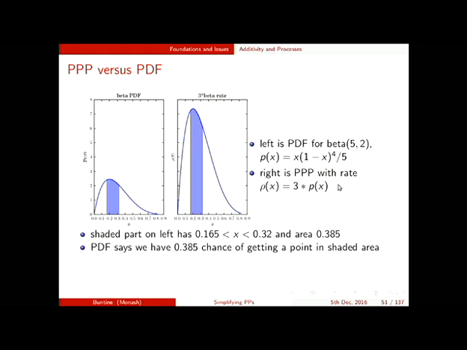And our Poisson rate is 3 times that. So the chance of getting a point in here is 0.385. That's also our chance of getting 1 point in here, but we know we've got 3 times that. We have on average 3 points in this entire region. So on average, we're going to have 3 by 0.385 points in this region here, which is about 1.